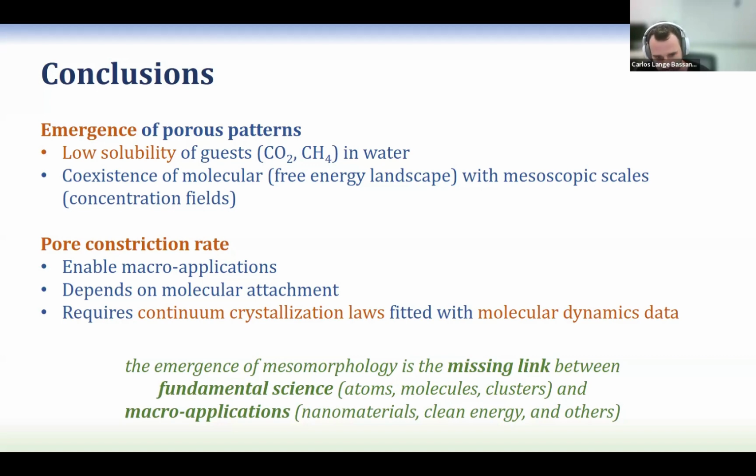And I think one of the missing links is understanding more thoroughly this emergence of the mesomorphology, so we can scale up from molecules to mesomorphology to the macro application, right?